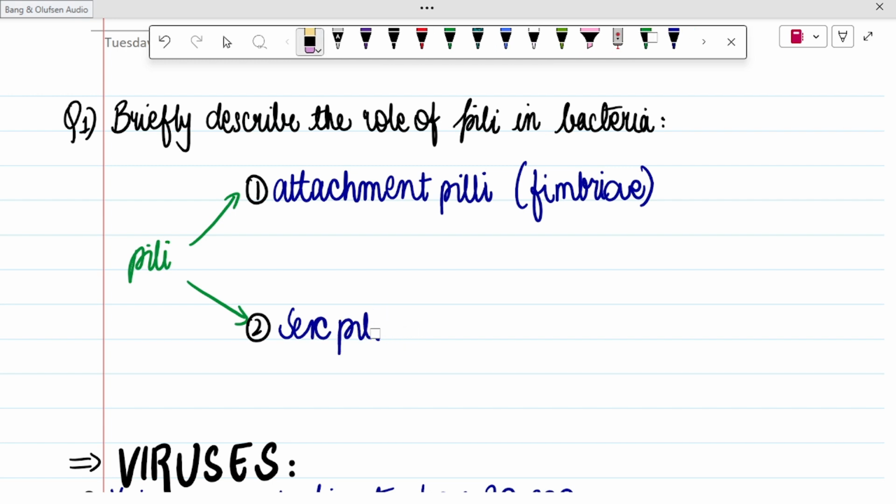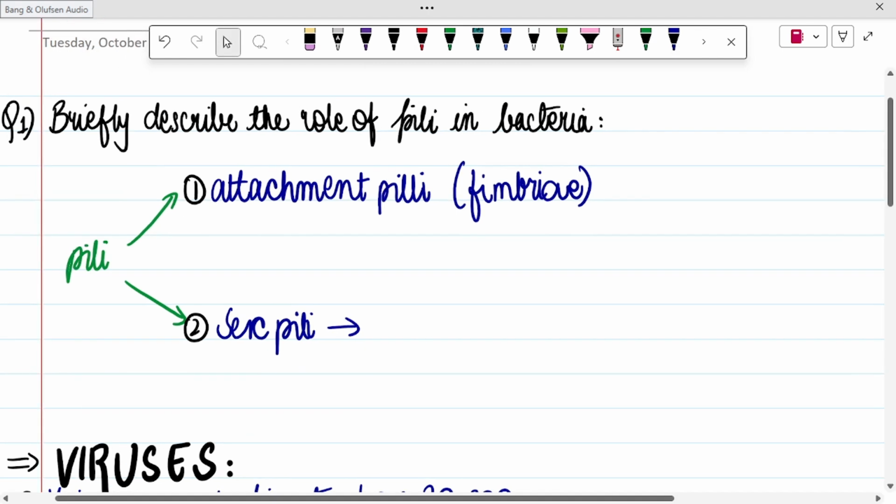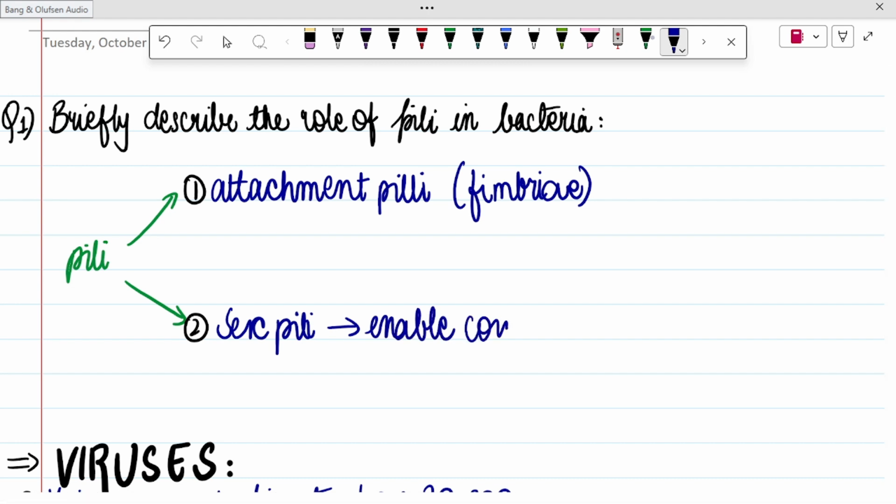It basically enables conjugation between your bacteria. It allows the two bacteria to reproduce. So it enables conjugation between bacteria. किस तरह enable करेगा?